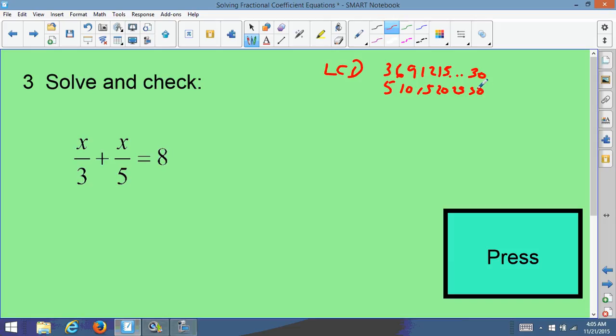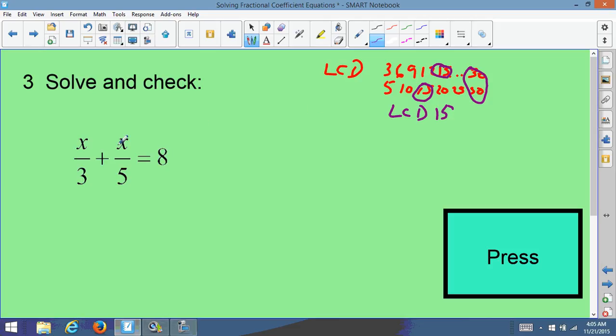I'll stop right there because I've run into some numbers that are in both of the sets. I have 15 in both, and I also have 30 in both sets of numbers. So my L.C.D. would be the lower number. 15 is lower than 30. 30 would be a good number to use also. It's a common denominator, you just end up working with bigger numbers.